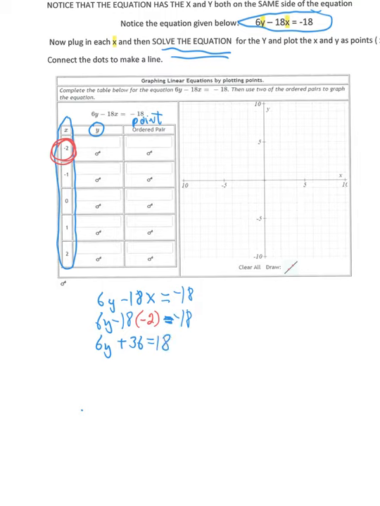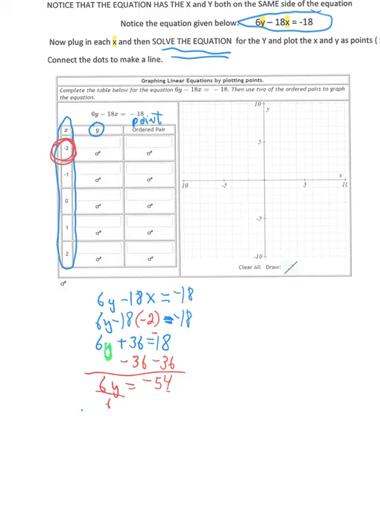And you see, I don't get the y directly now. I have to work to get that y. Remember, I'm trying to get this y by itself here, okay? So you remember, I've got to get rid of all the other stuff that's next to it in the right order that we learned for solving equations. So I've got to take away 36. I get 6y equals, that turns out to be negative 54.